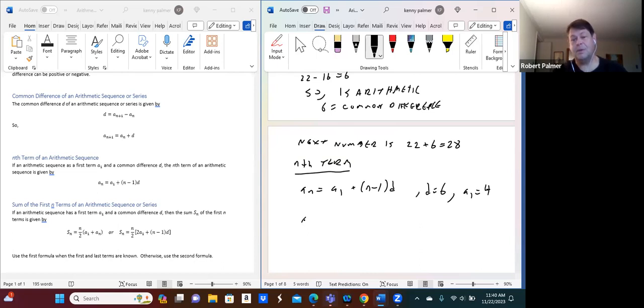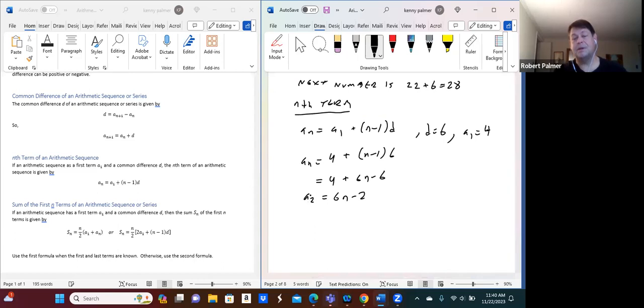So a_n is going to be 4 plus n minus 1 times 6, and we just simplify that. We have 4 and distribute the 6, so 6n minus 6, and that's going to be 6n minus 2.